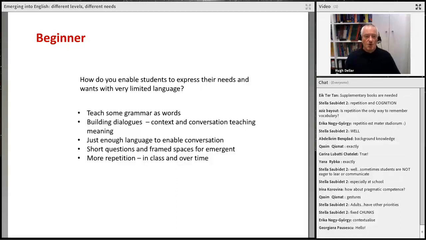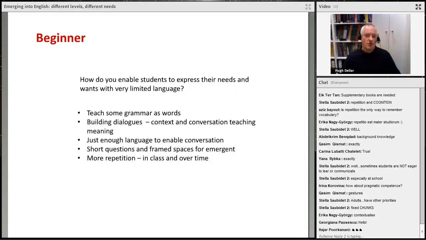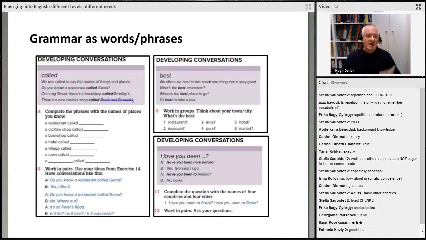We teach short questions. We create little bits of space for the students to emerge into. And we try to make sure through a regular focus on conversation that there's more repetition in class over time.